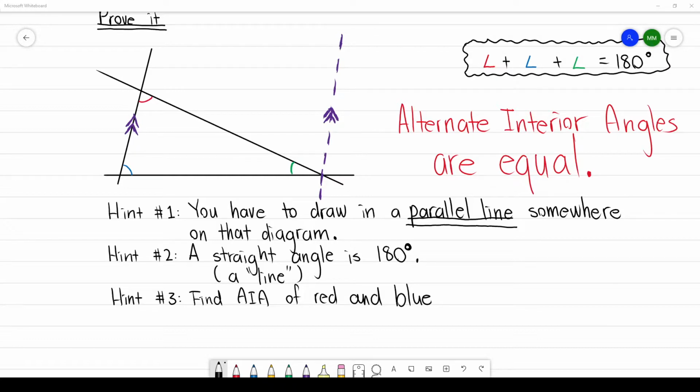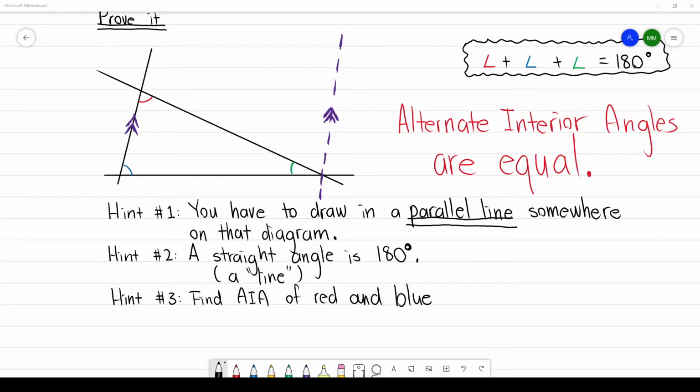The AIA of green, blue, and red forms 180 degrees when adding up together.